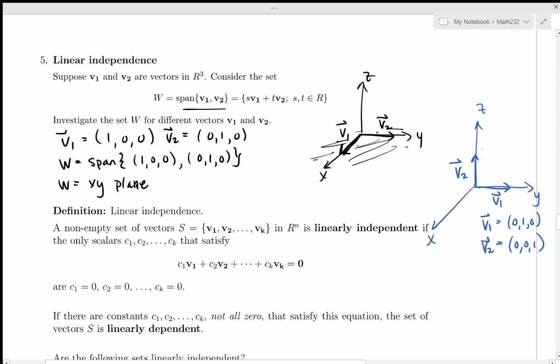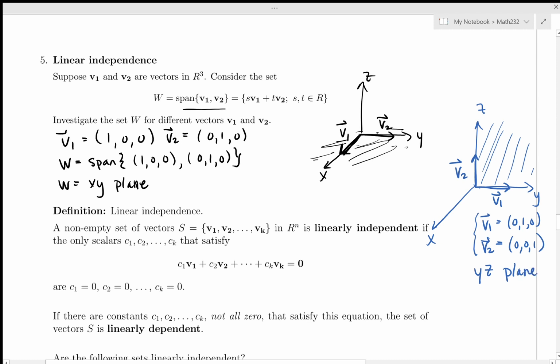So that here is this plane along the, I don't know, along the back wall, if you want to think of it that way. So we've sort of the floor and then the back wall and then the wall sticking out into the room. Okay, so let's try to visualize what's happening here. And so in this case, the span of these two vectors here is the YZ plane.